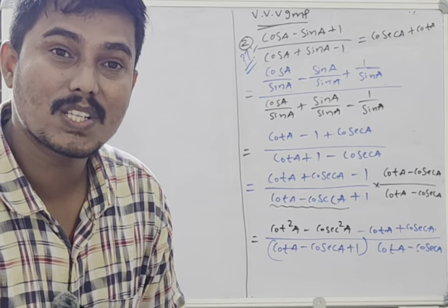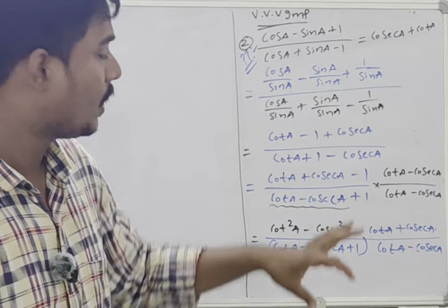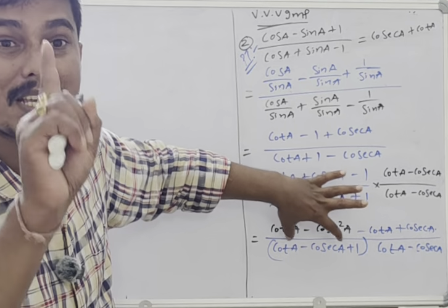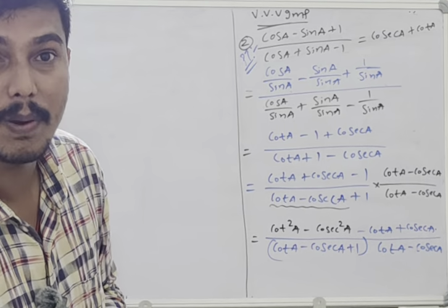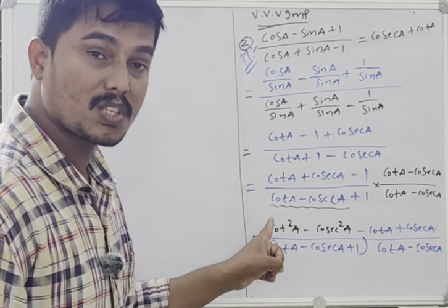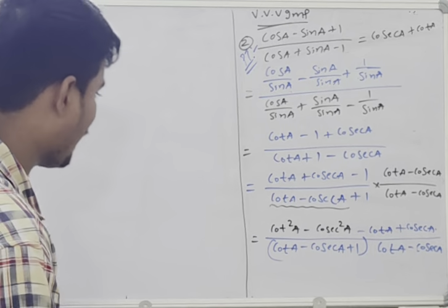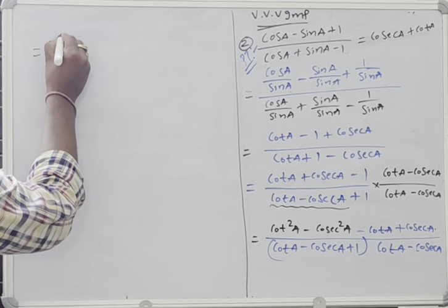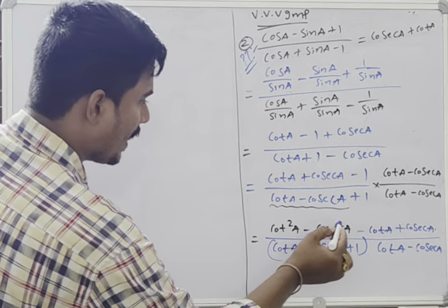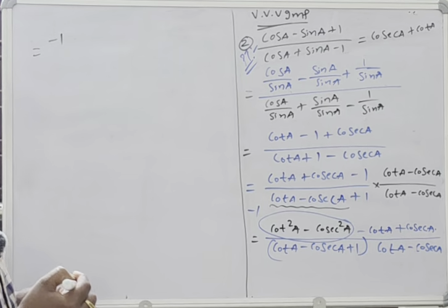Cosecant square A minus cot square A is equal to what? But this is reversed. When it is reversed, we write minus 1, not plus 1, because we know cosecant square A minus cot square A, but this is cot square A minus cosecant square A. So reverse it and write the sign as minus 1. This whole is going to become minus 1 because it's the reverse of our identity.